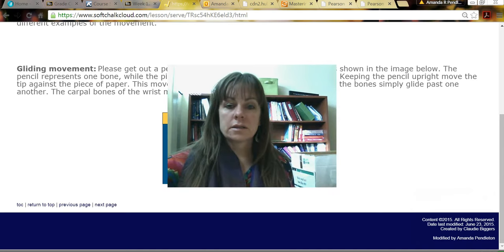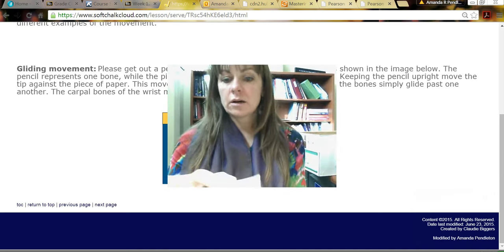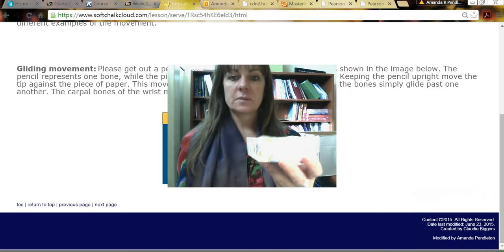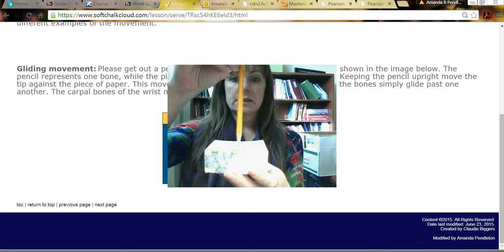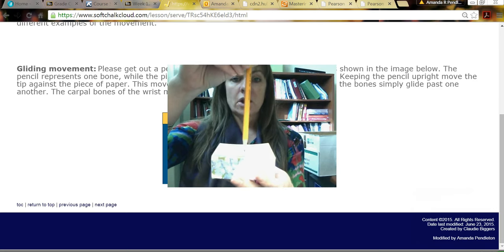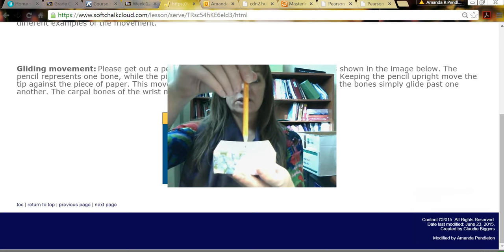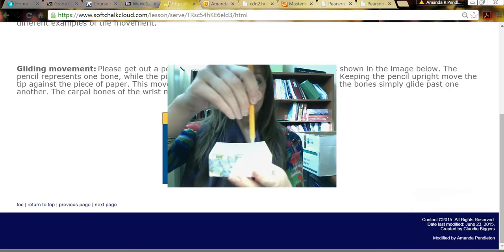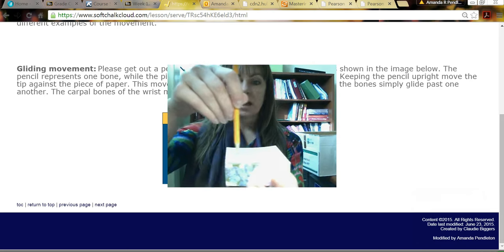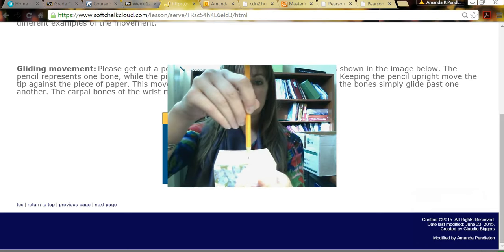Okay, so here I have a pad, and let's pretend this is a bone, and this is the other bone. The way they're going to move past each other is they're just going to glide in these sorts of ways, so it's just gliding past each other.